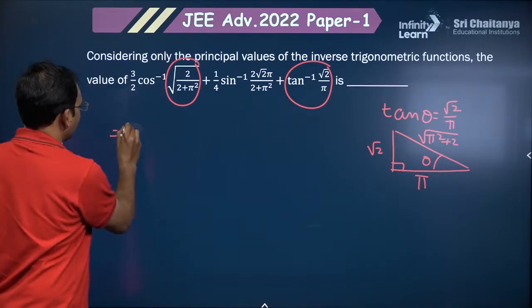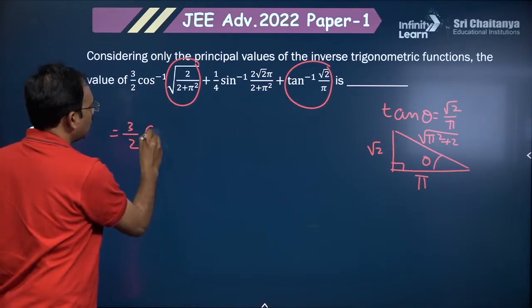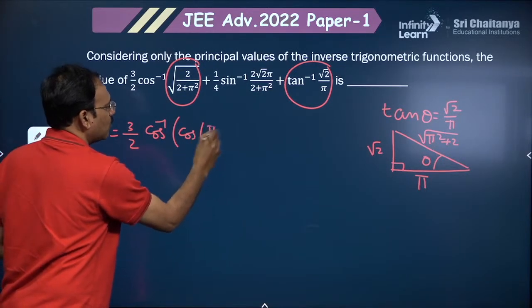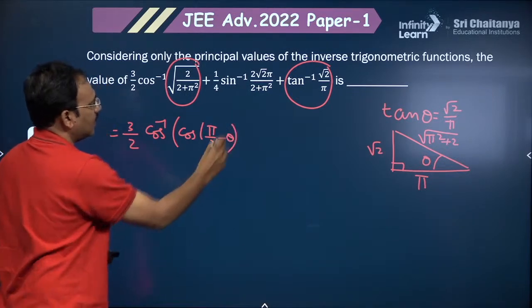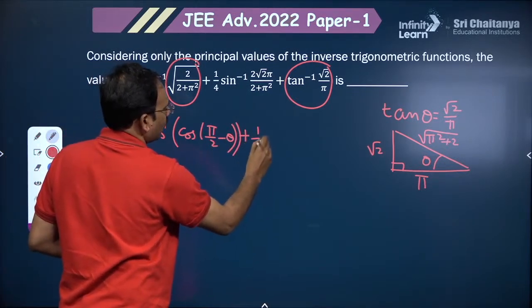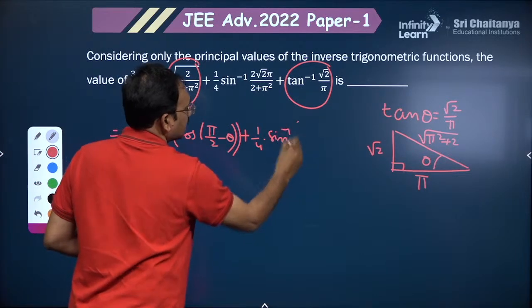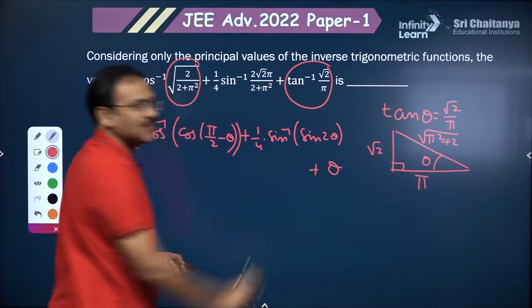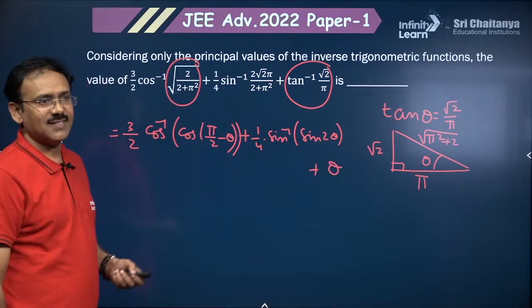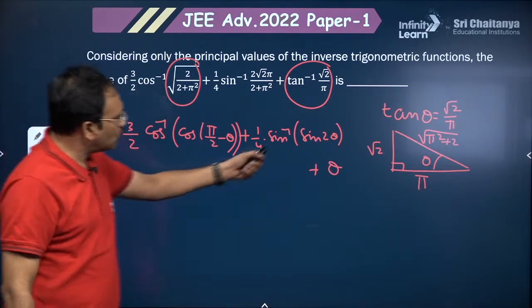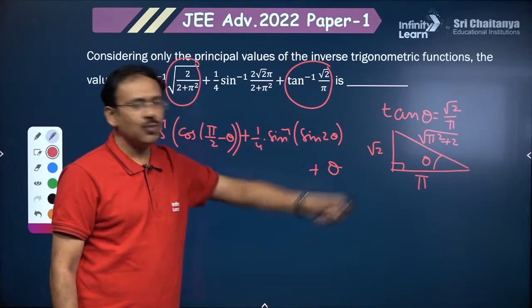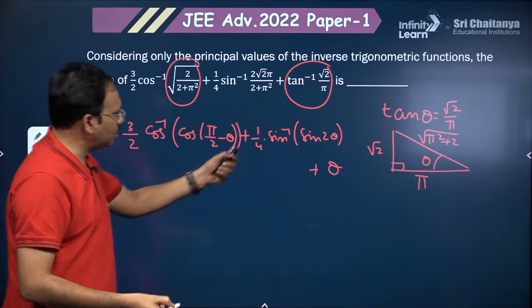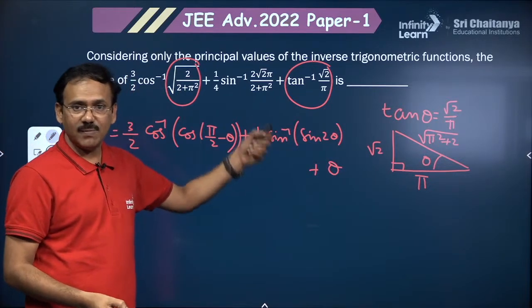So friend, the next step would be 3 by 2 into cos inverse of sin theta, means let me write cos of pi by 2 minus theta, plus 1 by 4 into sin inverse of sin 2 theta, let me write here, plus theta it is, right. Now dear students, you can say theta is acute because root 2 by pi is less than 1, so theta is between 0 and pi by 4, 2 theta will be between 0 and pi by 2, and sin inverse of sin x will be x itself.